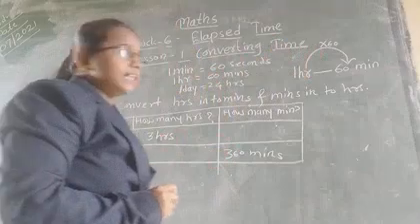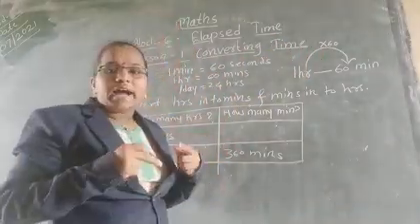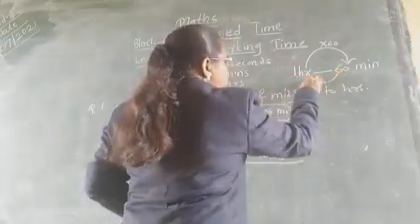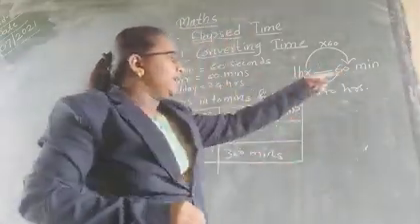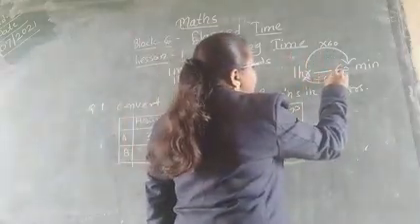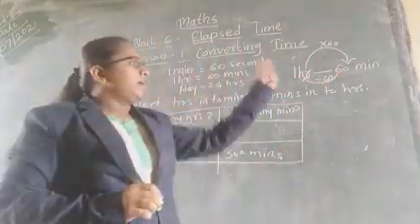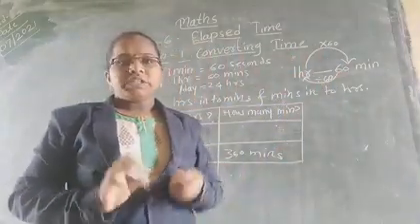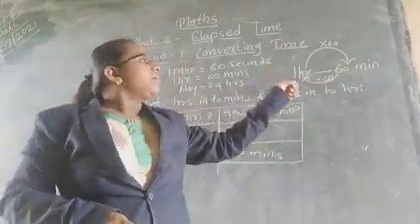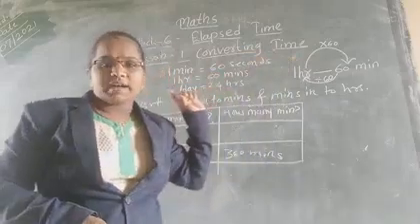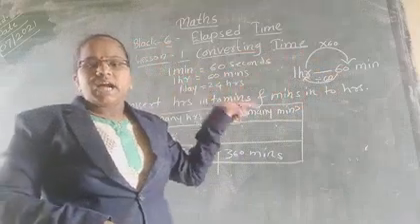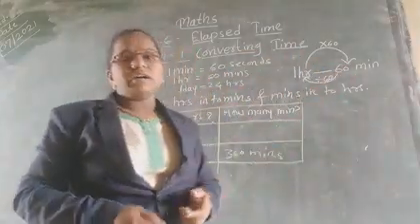The next rule: at the time of conversion of minutes into hours, we divide the given minutes by 60, to form hours. ज्यावेळी हॉवरचं रूपांतर मिनिट मध्ये करायचं तर दिलेल्या हॉवरला 60 ने मल्टिप्लाय करायचं. ज्या वेळेला मिनिटचं रूपांतर हॉवर मध्ये करायचं आहे त्यावेळी दिलेल्या मिनिटांना 60 ने डिवाइड करायचं.